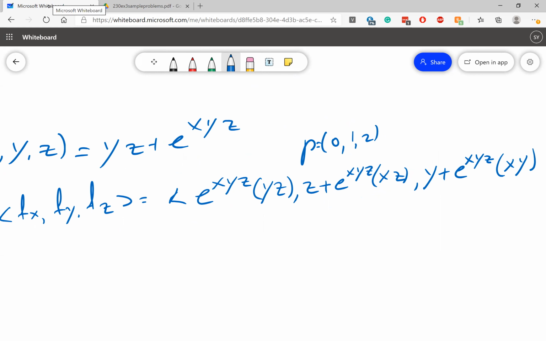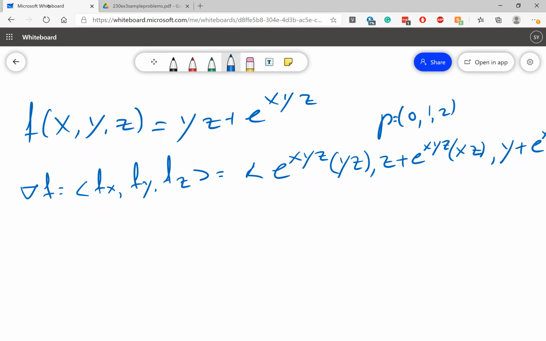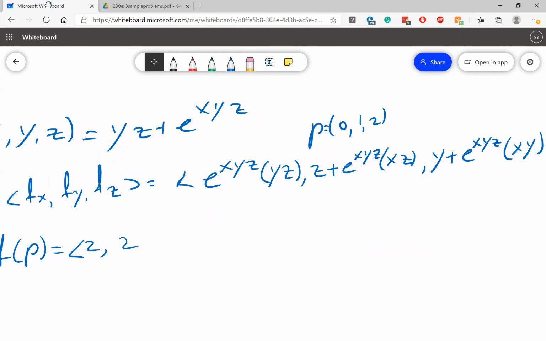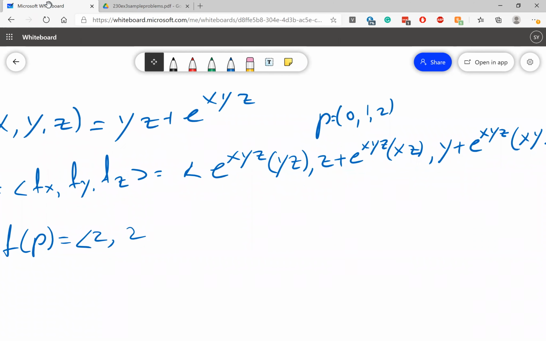Okay, and so the gradient of f at the point P is going to be (2, 2, 1).